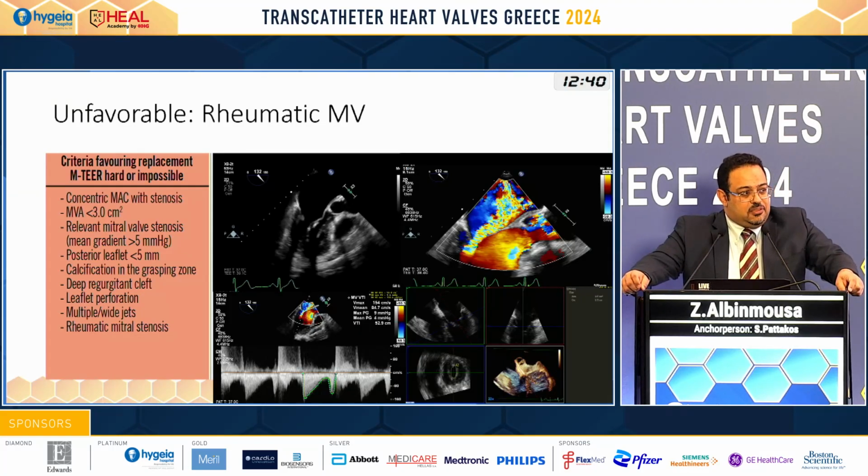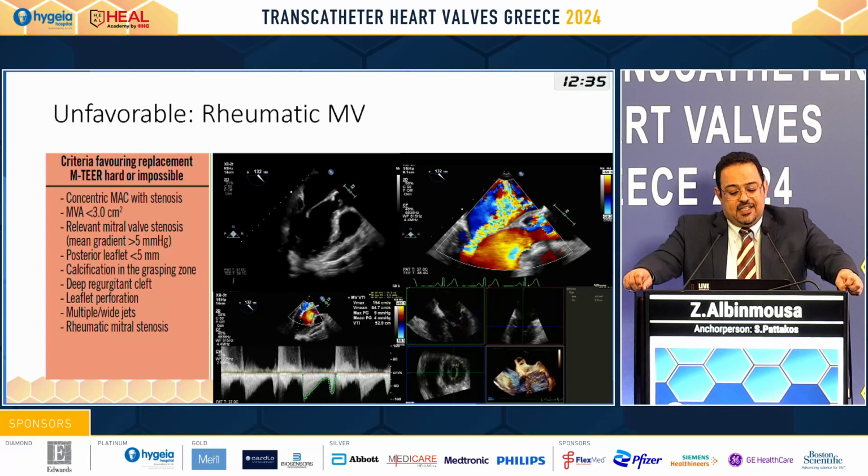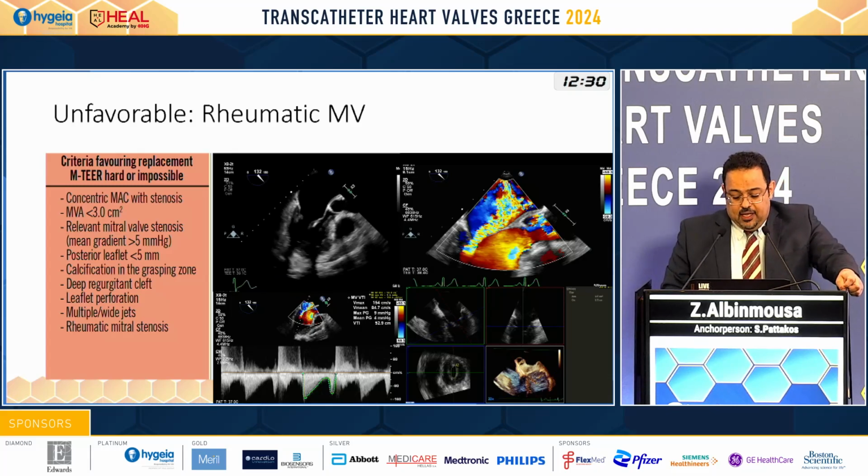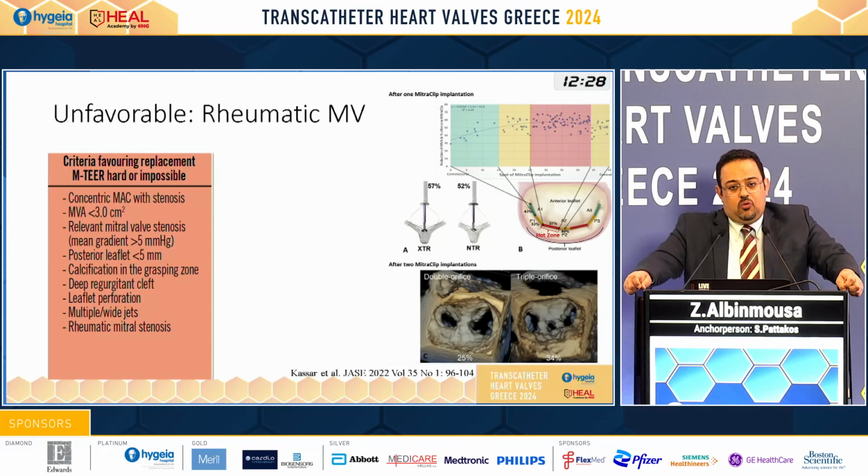We always see patients like rheumatic mitral valve with a small mitral valve area, restricted posterior mitral valve leaflet with high gradient. And I was always wondering why a smaller mitral valve area ends up less favorable, but this is clear from this study, which showed that using one clip will reduce the mitral valve area by 52 to 57% of the baseline mitral valve area.